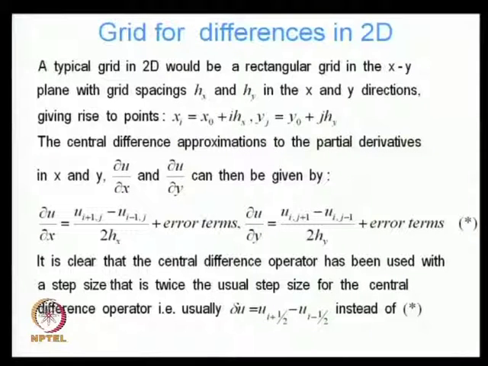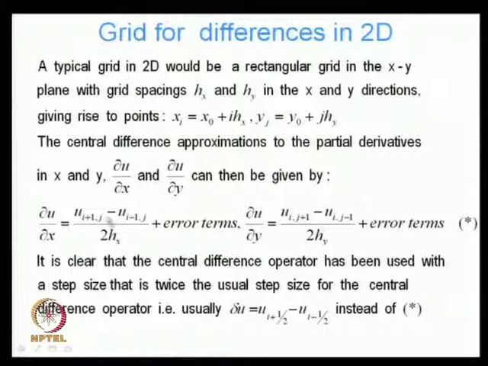The central difference approximations to the partial derivatives in x and y, del u by del x and del u by del y, can then be given by del u by del x equal to u(i+1, j) minus u(i-1, j) by 2 hx. Now, note several things.